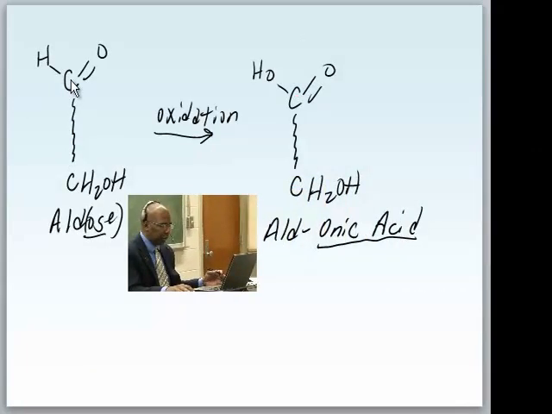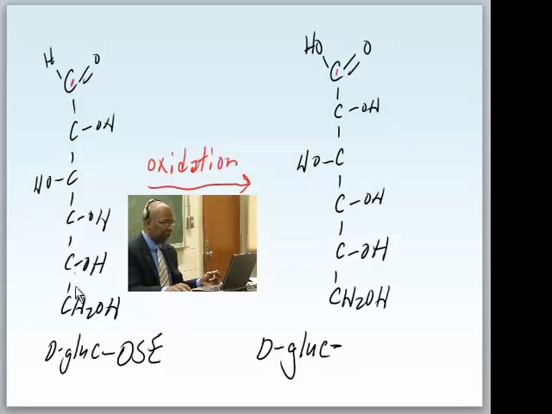Now my question is, let's go back. When you have an aldose and you oxidize carbon 1, you change the aldose to an aldonic acid. So you change the ose in the word to onic acid. Now if we go here, we started out with glucose and we oxidized carbon 1.